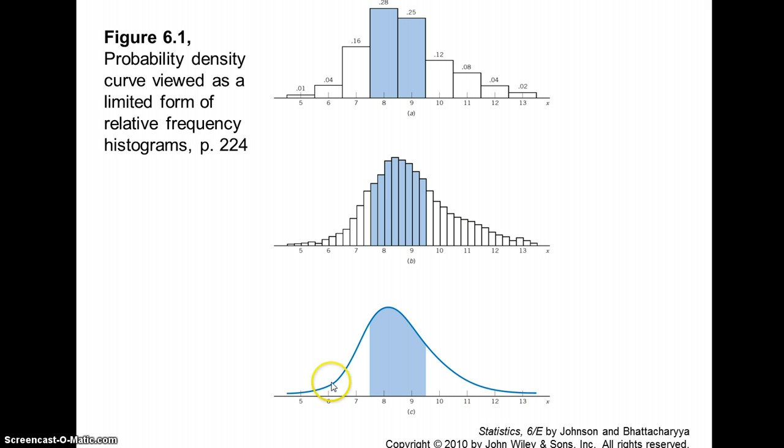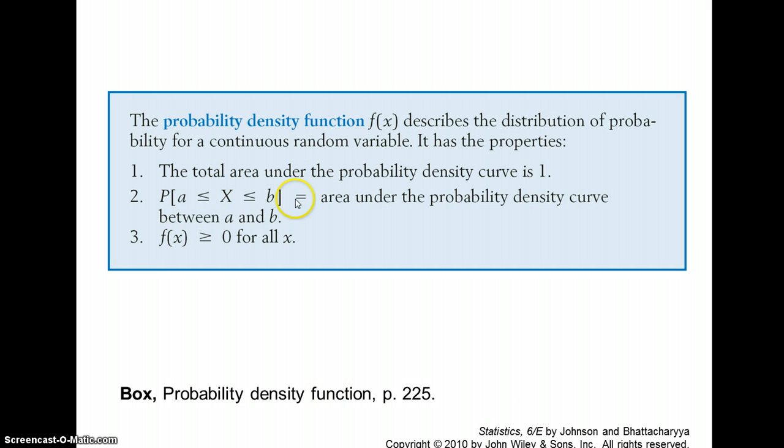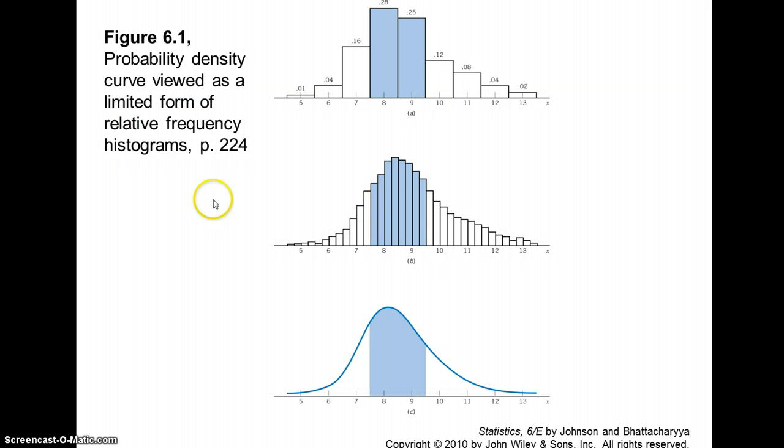The second property says the area under the probability density curve is the probability between A and B. Like we just explained, if you want to find the probability or percentage of babies that weigh between 7.5 and 9.5, you need to find the area under the curve.